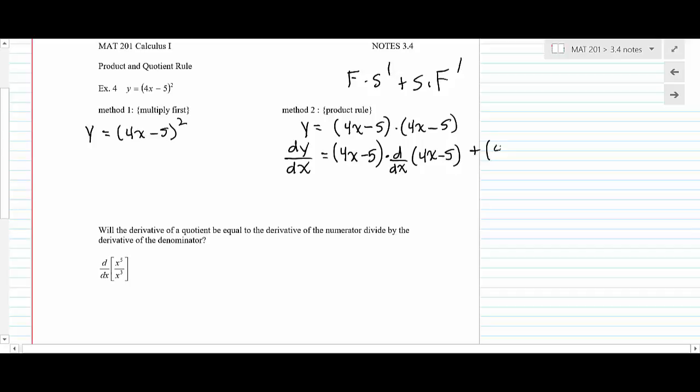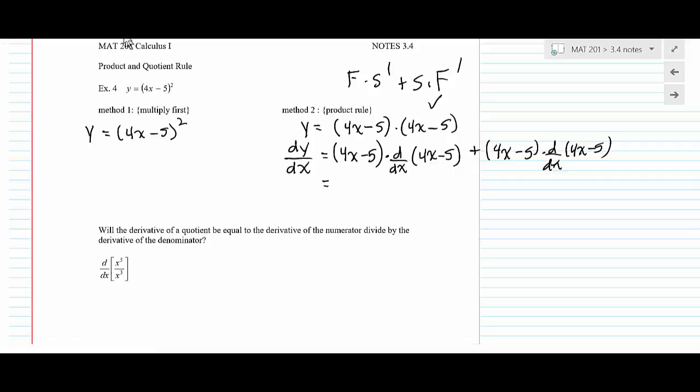If I go backwards, I'm doing the same thing. So I have the second, which is this, times the derivative of the first. Is that solid with everybody? Now let's see what we get here. We got two derivatives to do. We got to do that derivative and we got to do that derivative. Tell me what the derivative of 4x minus 5 is.